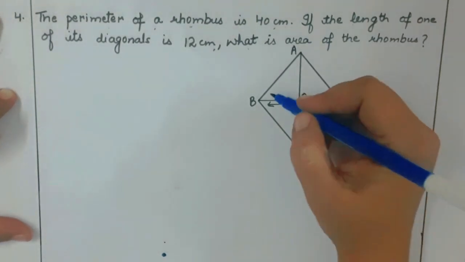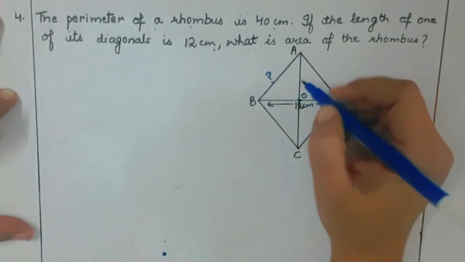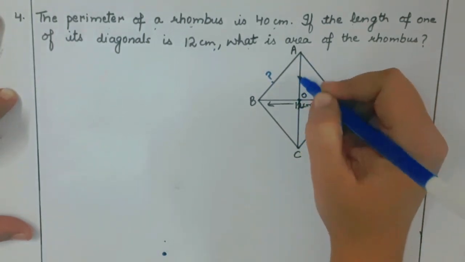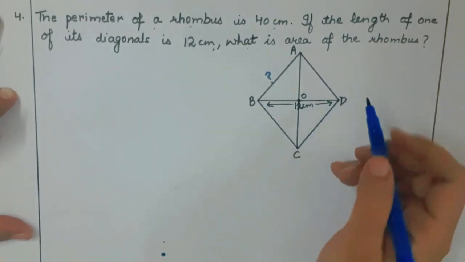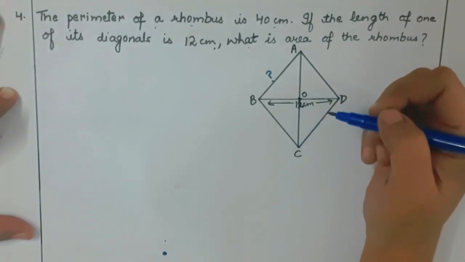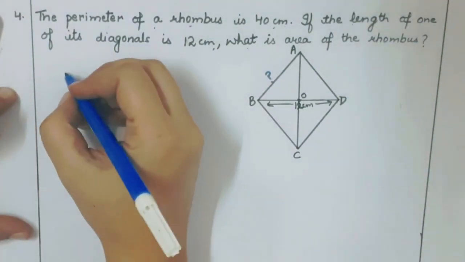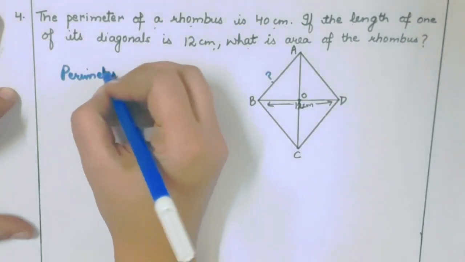Now in this question, first we have to find the side of the rhombus, then we have to find diagonal 2 of the rhombus. Diagonal 1 is given, that is 12 centimeter. Perimeter is given. What is the formula for the perimeter of a rhombus?